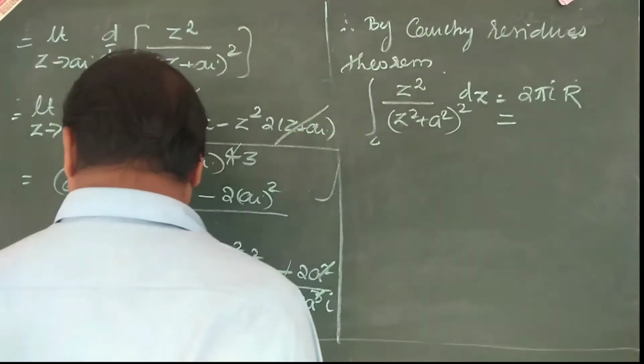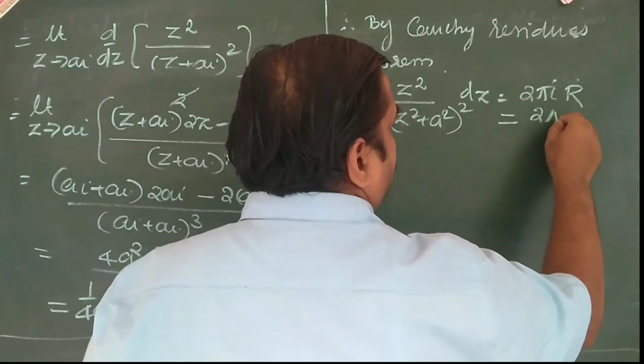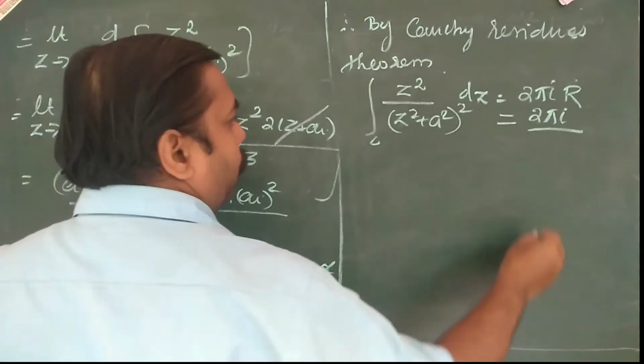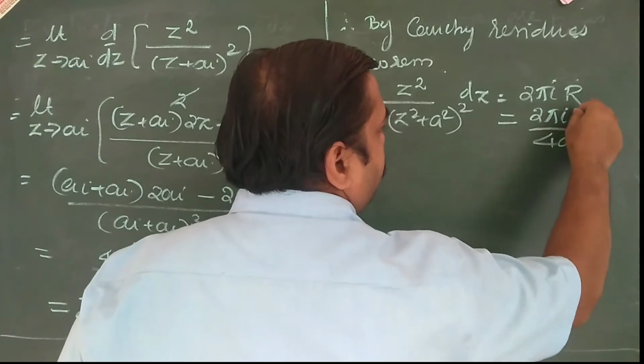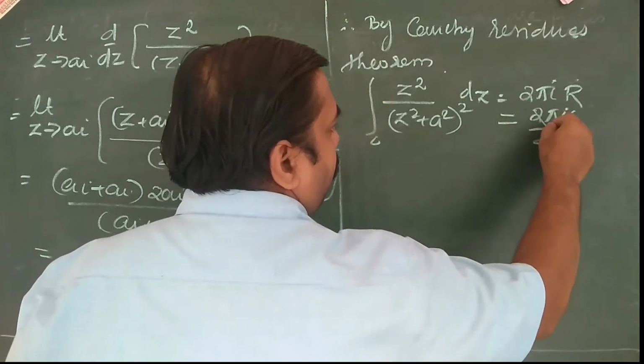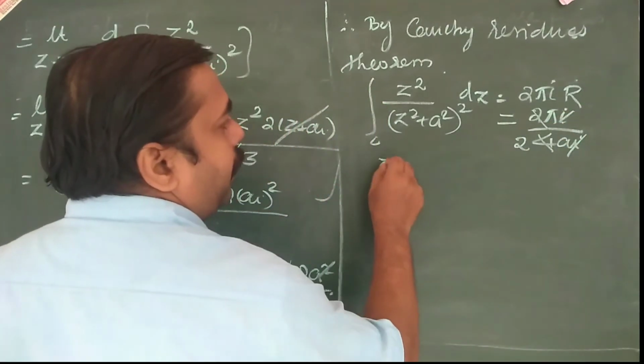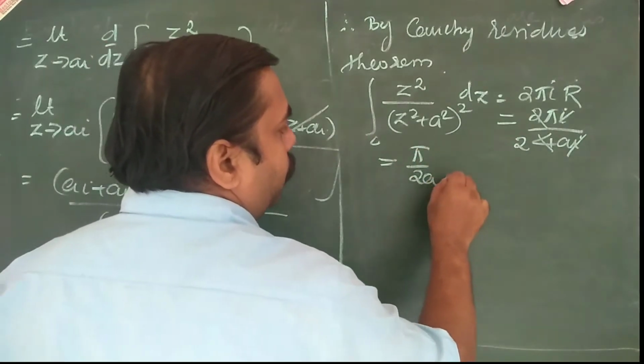So that is equal to pi by 4ai. So this i cancels 2. So the final answer is pi by 2a.